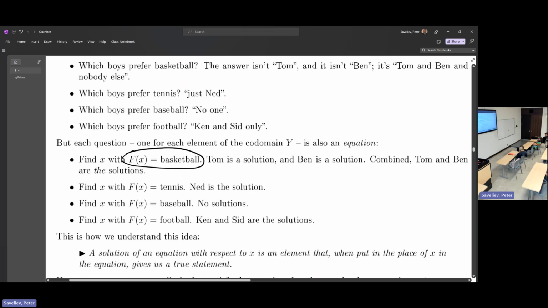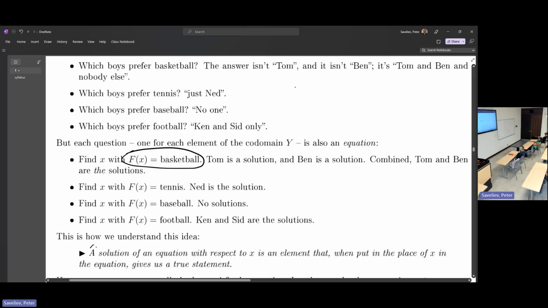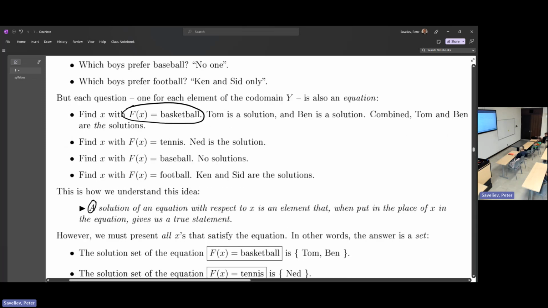That's the meaning of this idea. A solution of an equation with respect to x is an element. So we speak of a solution. Just watch the grammar. A solution is an element that, when put in the place of x in the equation, gives us a true statement. So once again, testing means plugging x's in and producing outputs, and if the output matches the equation, then it's a solution. If not, it is not.